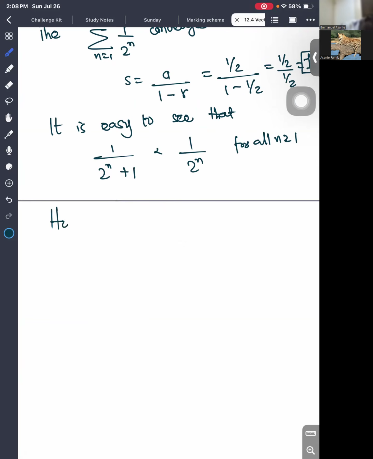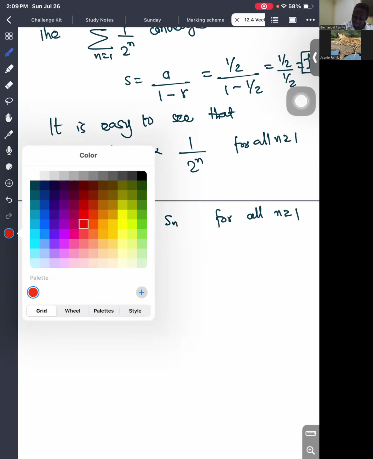Hence, the a_n over here is less than the b_n over here for all n greater than or equal to 1. Let's characterize this with partial sums.